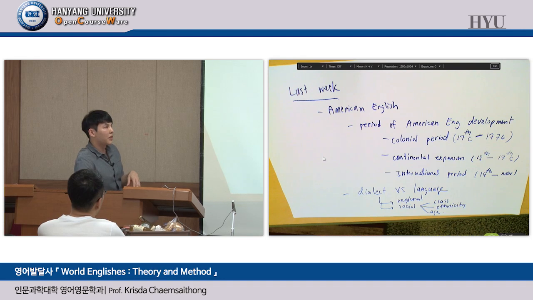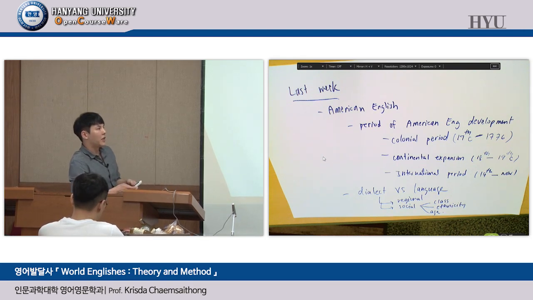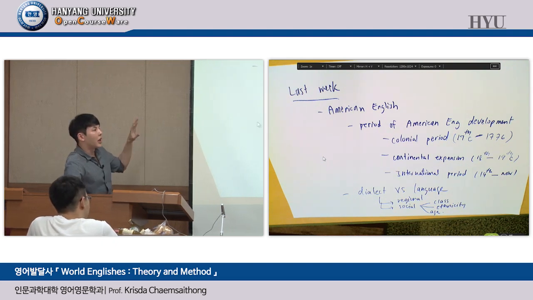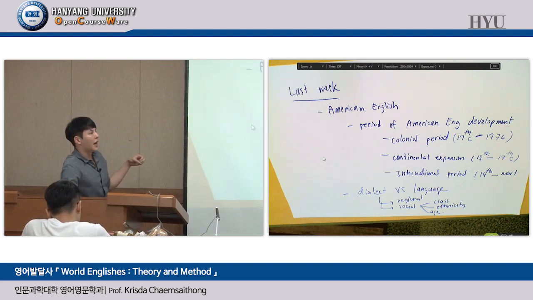So the colonial period is when you have an influx of British people and some European people. And then the continental expansion is when you move westward to other areas in the US as a result of the mindset that's called manifest destiny, remember?